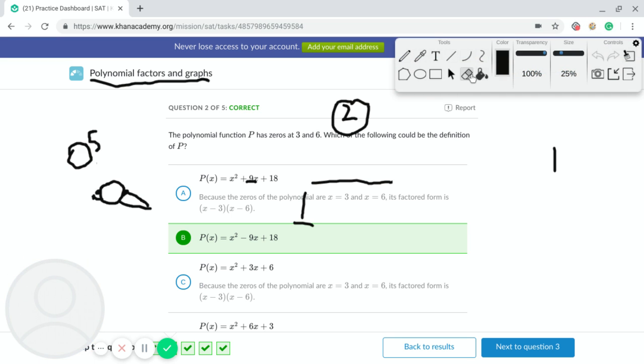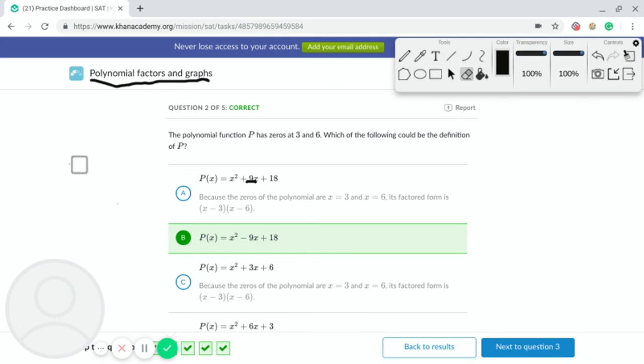Alright, well, hold on. Goodbye, super 0. Okay. What the heck? You were supposed to be gone.